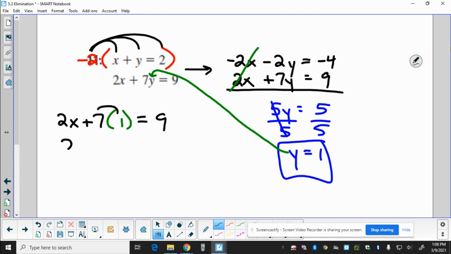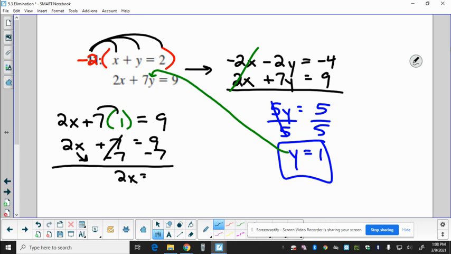Multiply these together, so it's 2x plus 7 equals 9. Solve the equation. Divide by 2. And my answer to x is 1. So there's my solution to that system.